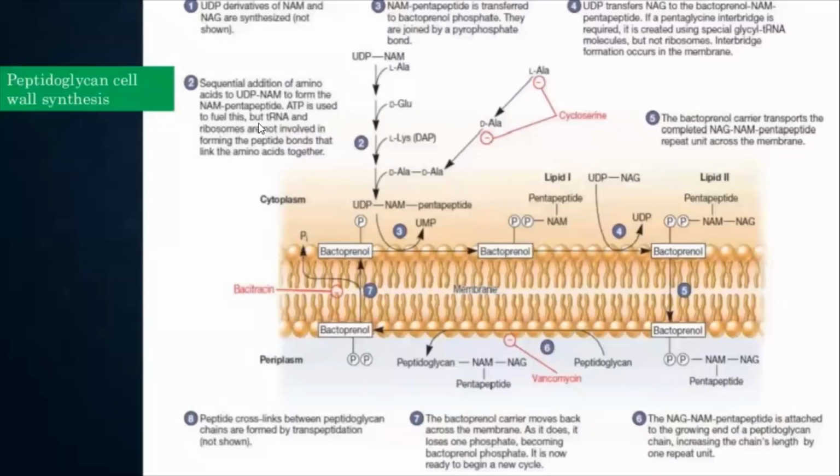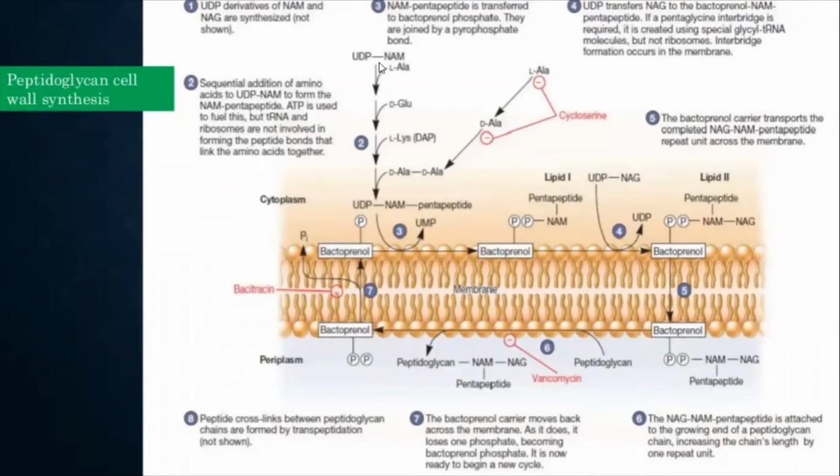Okay, but tRNA and ribosomes are not involved in forming the peptide bonds that link the amino acids together. What does it mean? So these amino acids are already present over there. And we are not using any ribosomes or tRNAs here to form the peptide bond. Okay, so here it is based on the energy required or taken up by the enzymes to synthesize.